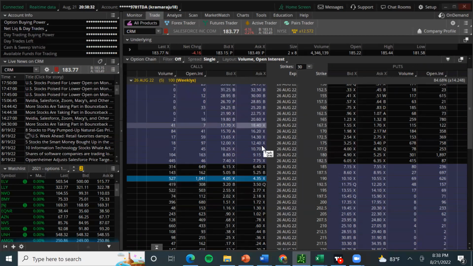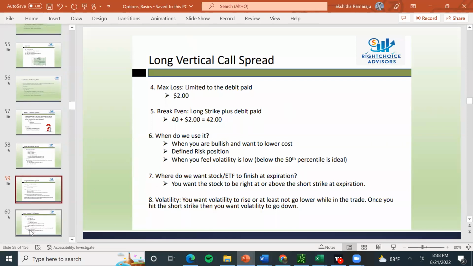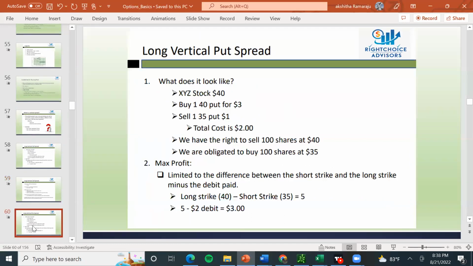So even if CRM comes to 195, you will not be at risk. But if it goes to 200, 205, your profits might get reduced. That is called a vertical call spread.